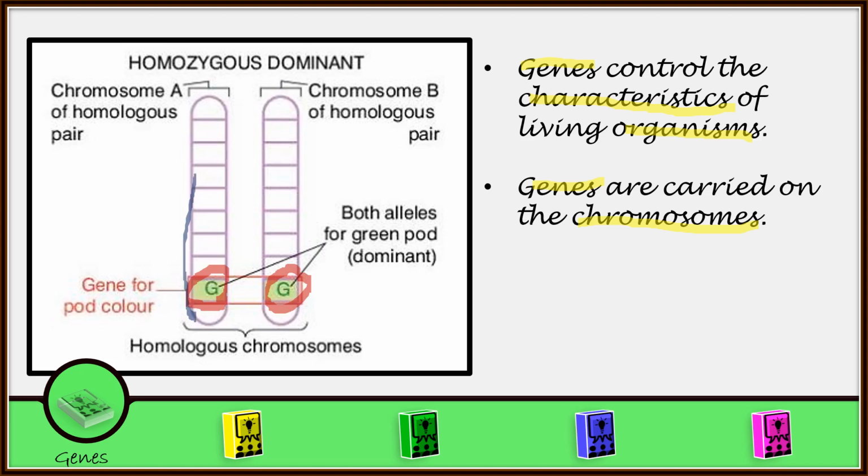So this gene here is carried on chromosome A. And this other gene is carried on chromosome B. And we have seen that the genes are the ones that control the characteristics of living organisms. So they are found on chromosomes.